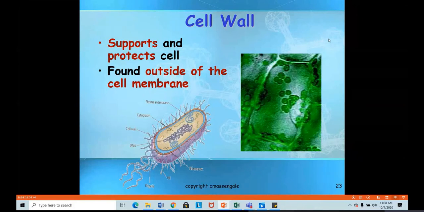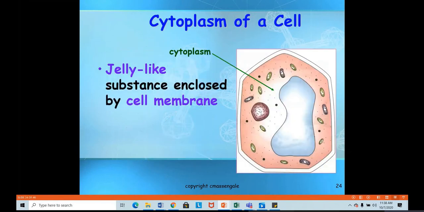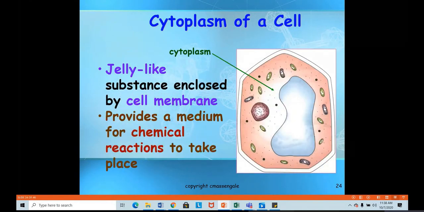Inside the cell membrane, the material which is present is known as the cytoplasm. Cytoplasm is present in both animal and plant cells, and it is the place wherein the various chemical reactions take place and wherein various other cell organelles are present.